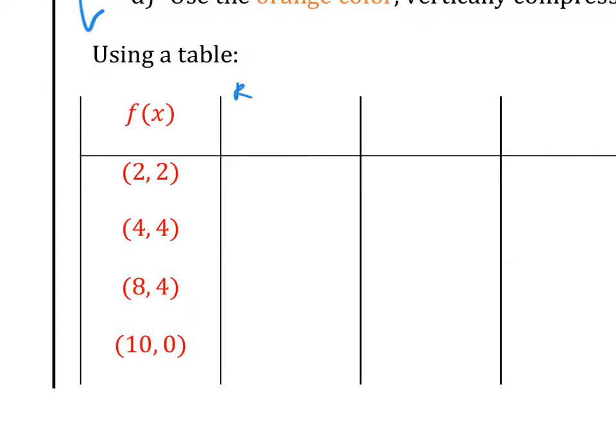So the first thing is we're going to set up a table for moving right 2. And then we have a table for moving down 2. And then we have reflect over the x-axis.